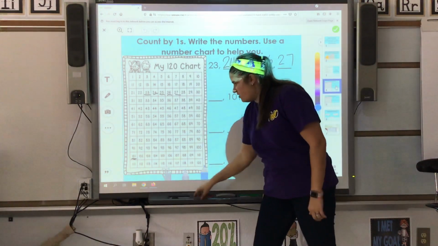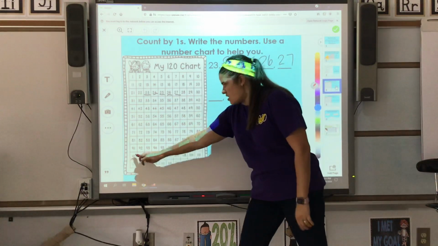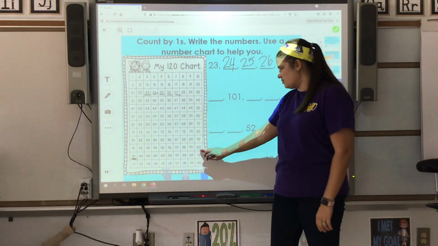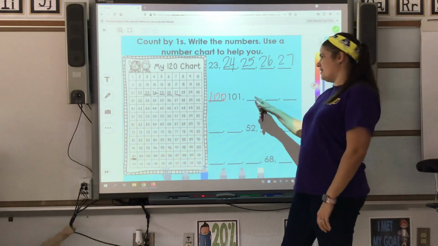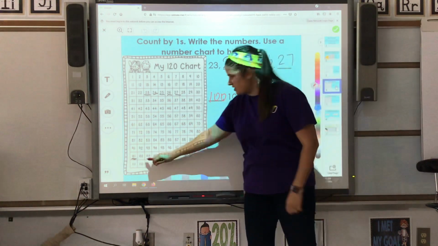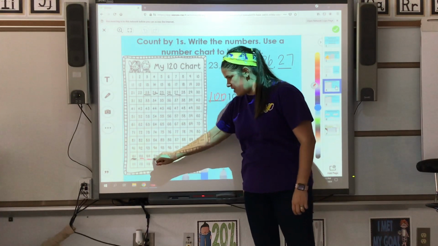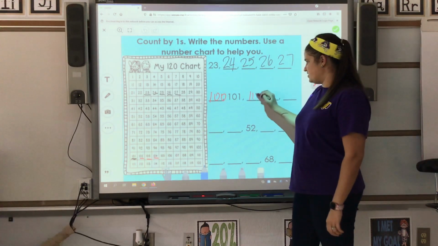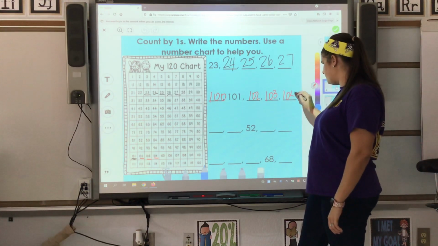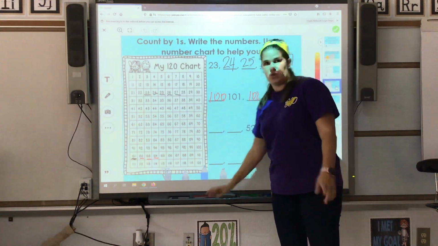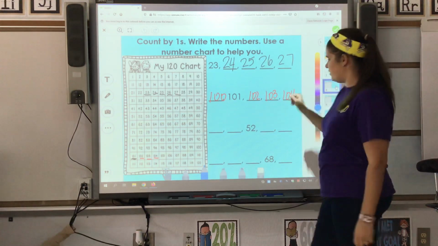So we need to travel in our hundreds chart to go to the number that comes before it, which is 100. Then we need the 3 numbers that come after it. 1, 2, 3. 102, 103, and 104. You can complete the remainder of those on that page.